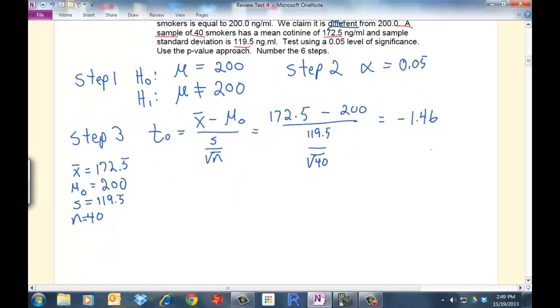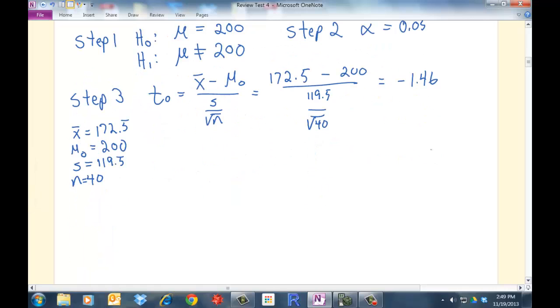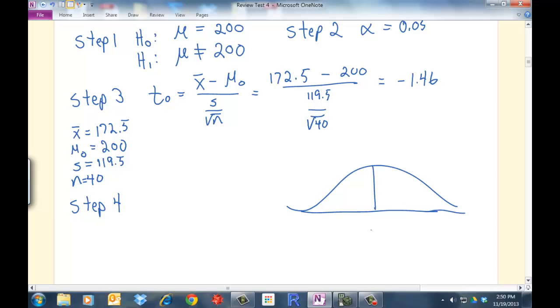Now, at this point, we have to choose either a p-value or a classical approach, and I believe this question wants us to go with the p-value method. So let's go ahead and write down the picture for the p-value method. And so we have this bell curve, and we have absolute value of t0 and minus absolute value of t0.